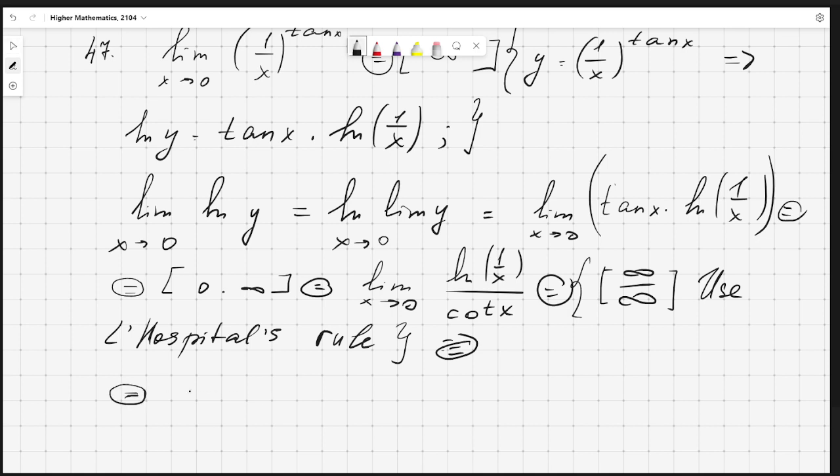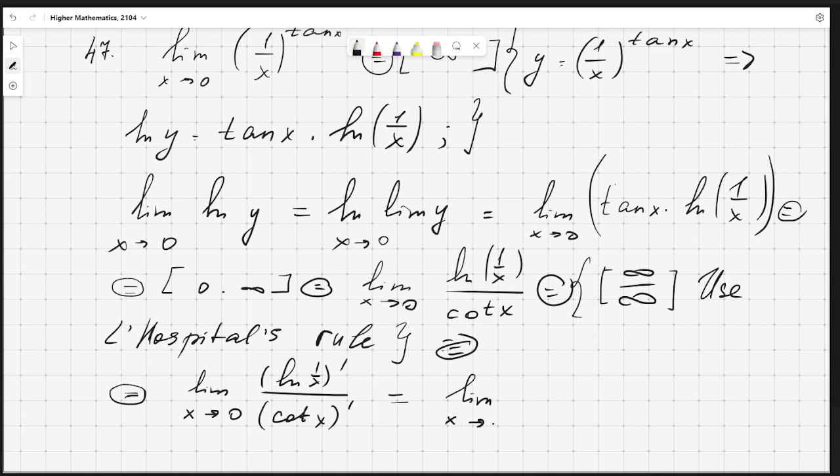It means we must find limit as x approaches 0 of derivative of numerator over derivative of denominator. Derivative of numerator: natural logarithm of 1 minus natural logarithm of x, it means minus 1 over x.